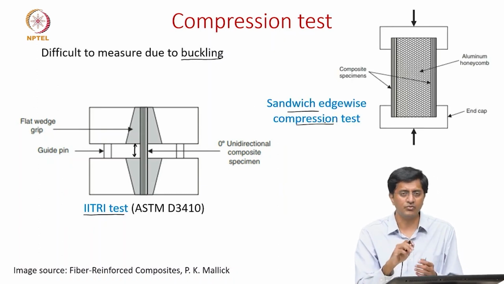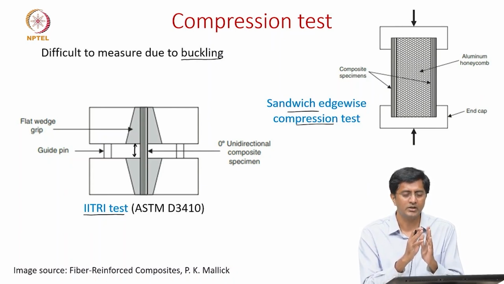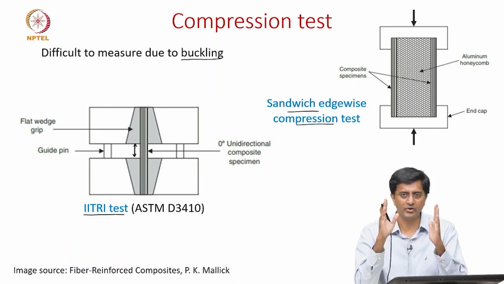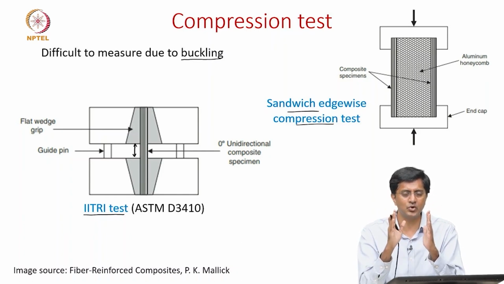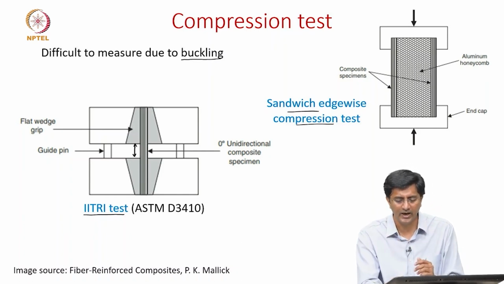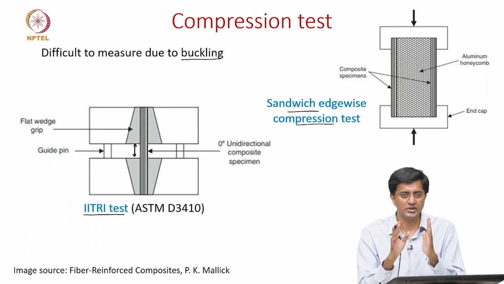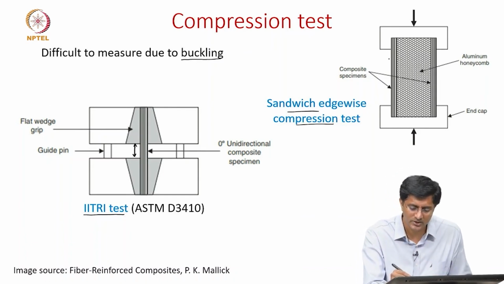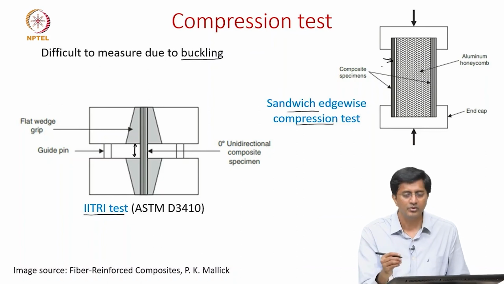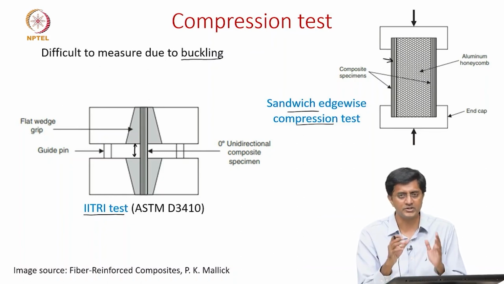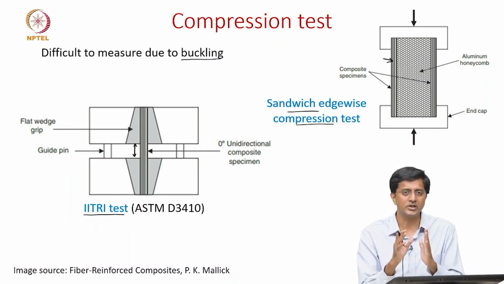Here too, we are focusing on the laminate, but to find the compressive properties of the laminate, we take two of those composite laminates, and in between these two laminates, we add aluminum honeycomb. So essentially, though we are interested in the laminate, we also add this honeycomb so that it avoids the buckling.